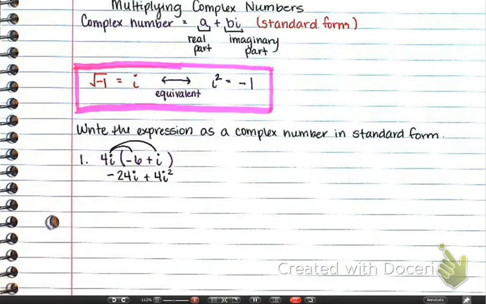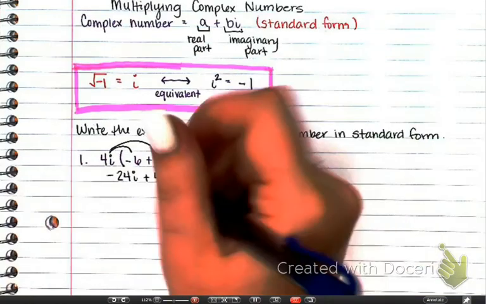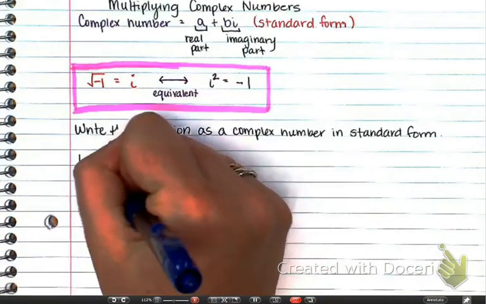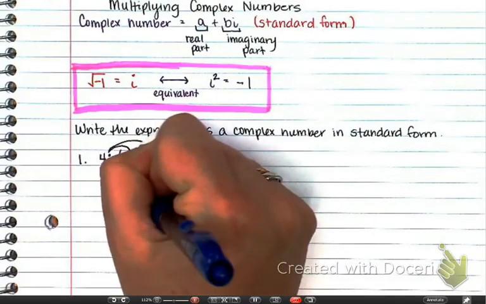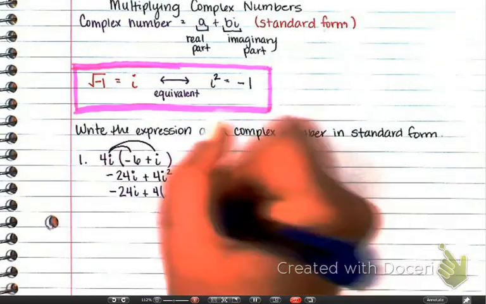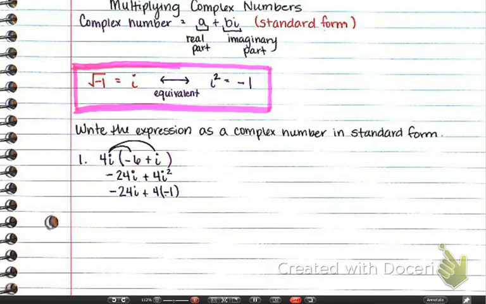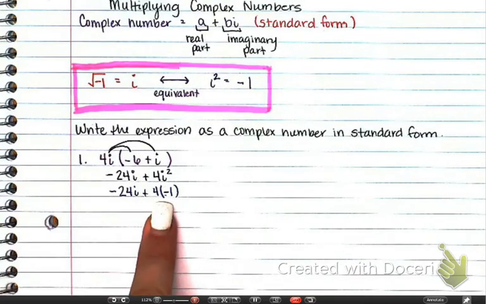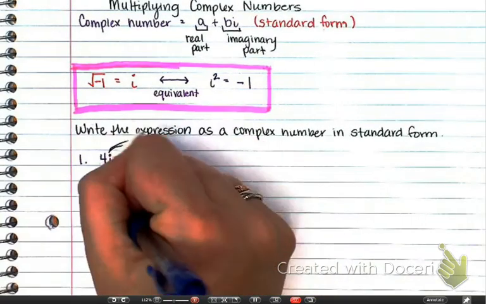Okay, so again, this is the hardest part. Remembering that we are going to replace I squared with negative 1. So negative 24I stays plus 4, and we're replacing the I squared with negative 1. We need to simplify it, and we need to write it in standard form. So it's negative 24I minus 4, but that minus 4 is going to go out front.